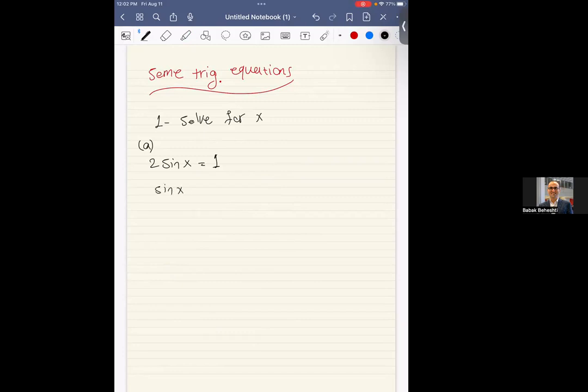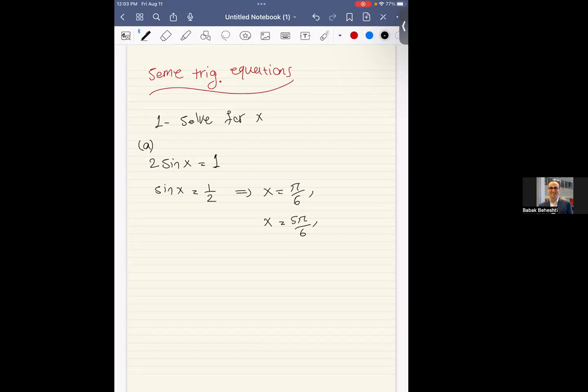So that means sine x equal to 1/2, right? So sine of what angle is 1/2? pi/6. What else? 5pi/6. And you can add 2 pi to each of them; there are infinitely many angles whose sine is 1/2.